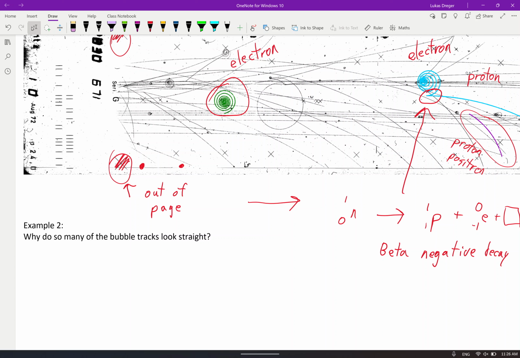They should be curving, right? Well, the reason why they look straight is either because they're very heavy, but more likely because they are very, very fast. So many of these particles are traveling very quickly, and so they're being affected less per se by the magnetic field. They actually are affected more, but because they're moving so quickly, it appears like it's curving less.